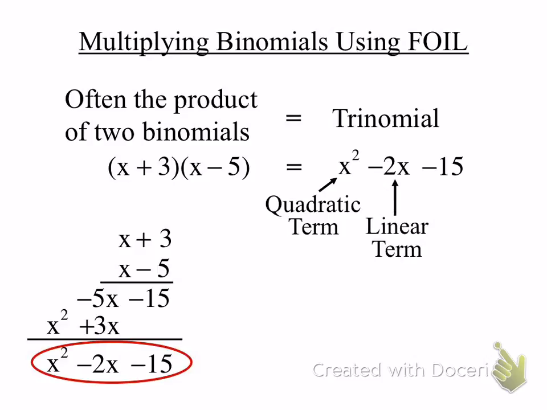And then the last term has no variable, and we call that a constant term. So most of the time, 75% of the time, when you multiply two binomials, you will get a trinomial with a quadratic, a linear, and a constant term. Questions?